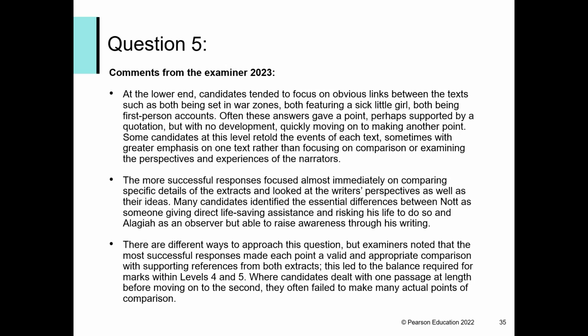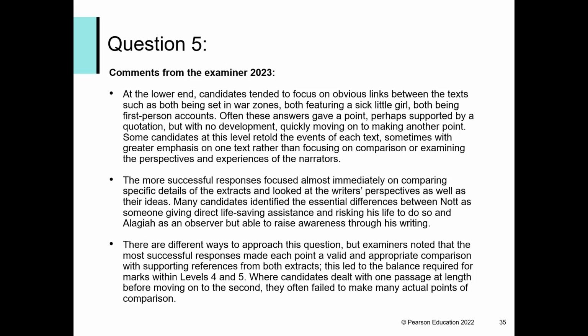The more successful responses focused almost immediately on comparing specific details of the extracts and looked at the writer's perspectives as well as their ideas. Many candidates identified the essential difference between one writer as someone giving direct life-saving assistance and risking his life to do so, and Alagaya as an observer, but able to raise awareness through his writing.